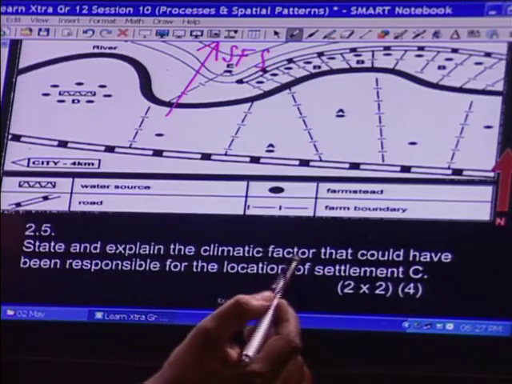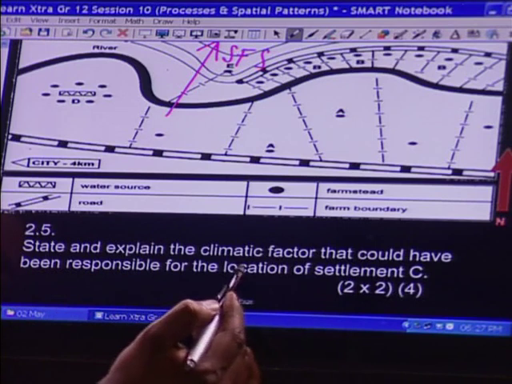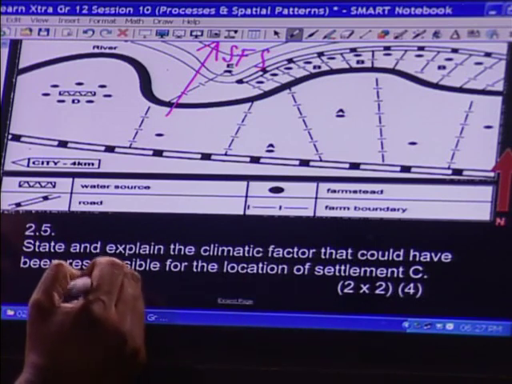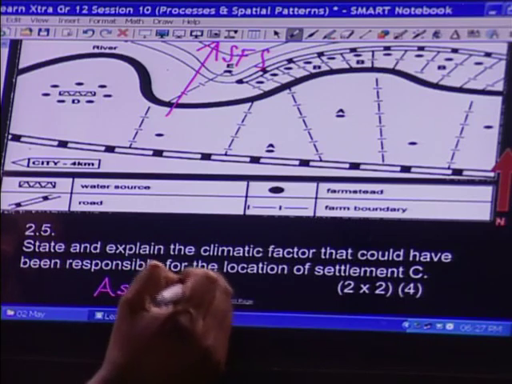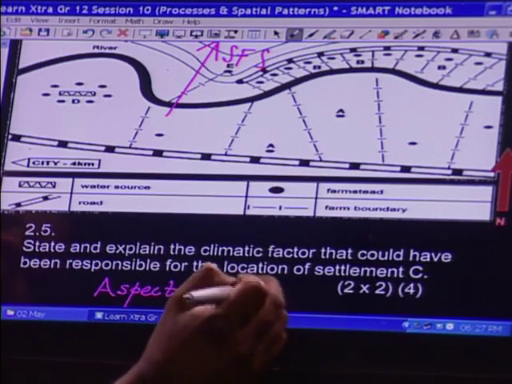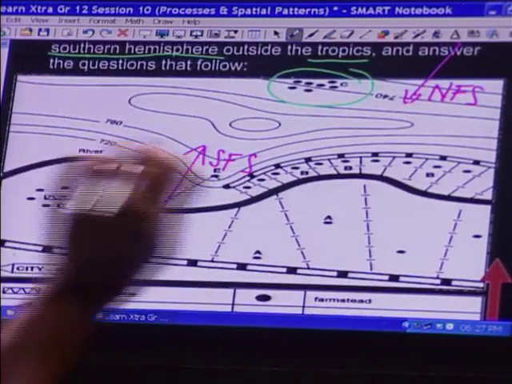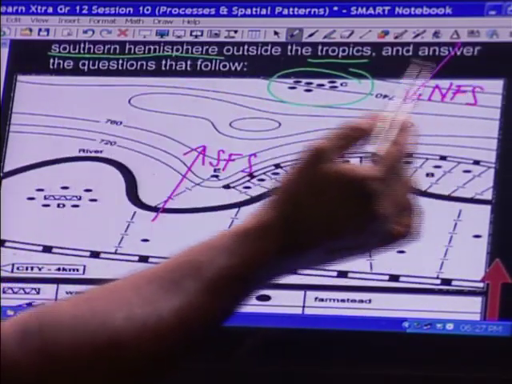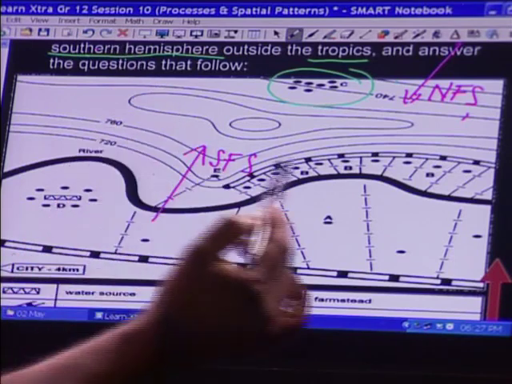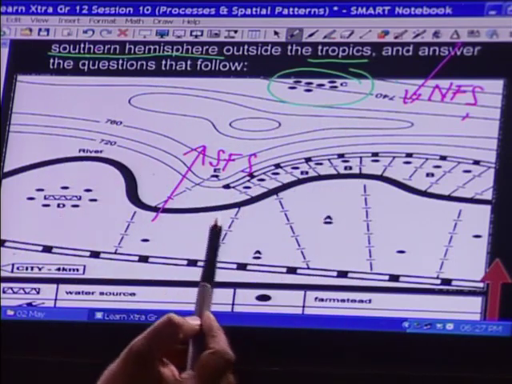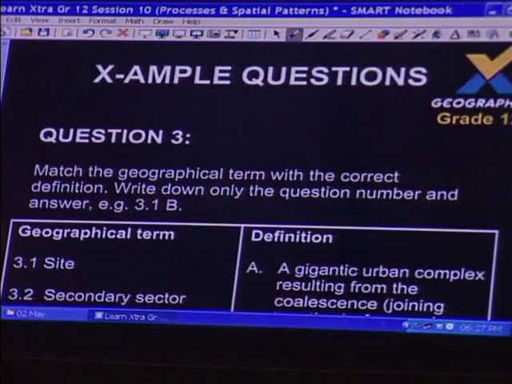State and explain the climatic factor that could have been responsible for the location of settlement C. Your correct answer is aspect of slope. Simply put, in the southern hemisphere, the north-facing slopes receive the direct rays of the sun, and the south-facing slopes receive the indirect rays of the sun.